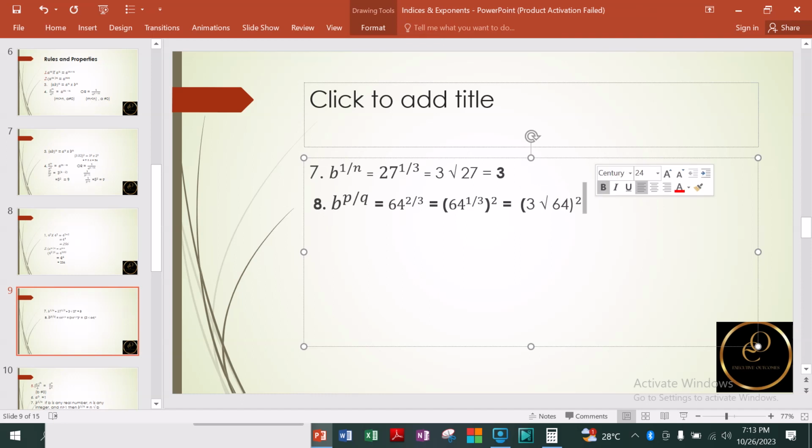Once that is done, we can proceed to sort out what is inside. If you find the cube root of 64 here, you are going to get 4.